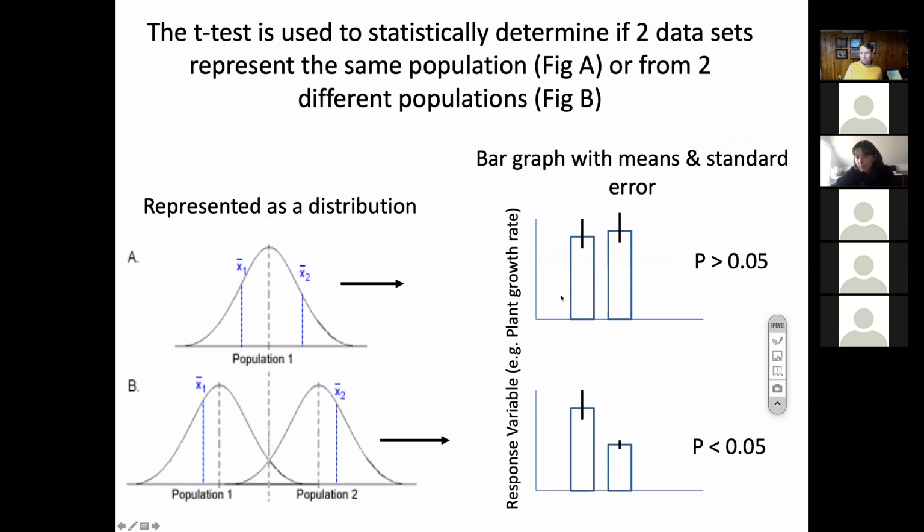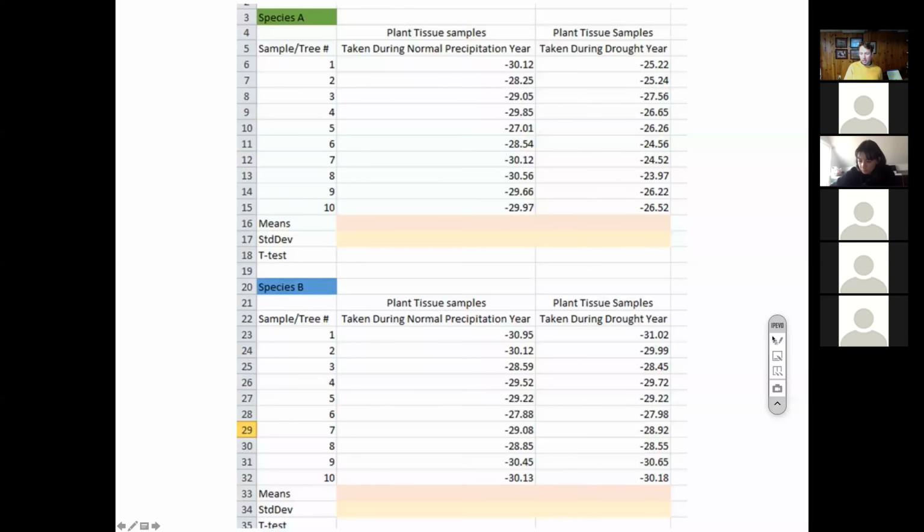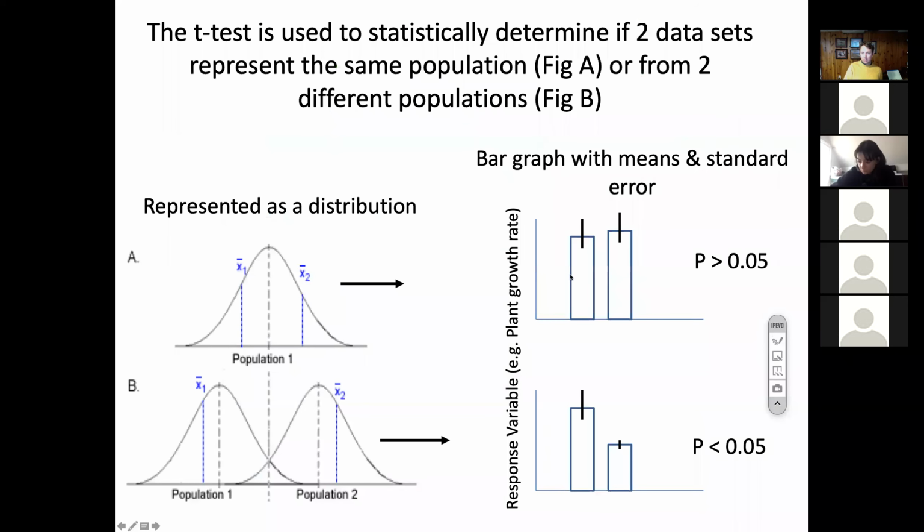We're going to make a bar chart kind of like this. So we'd have species A here, drought, wet year. We'd have some error bars, and we can kind of compare the means and the error or the standard deviation between these two. And you do that for species A and then for species B.